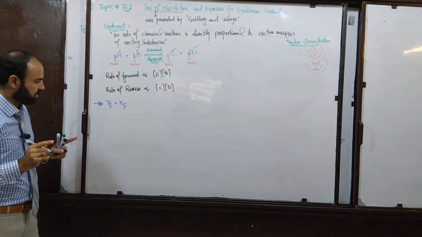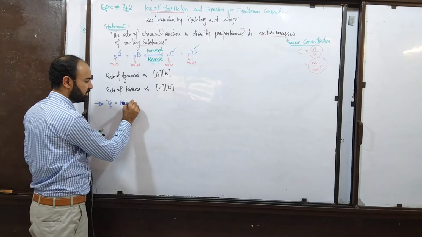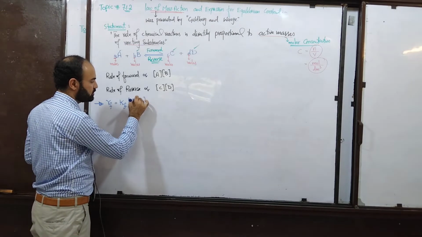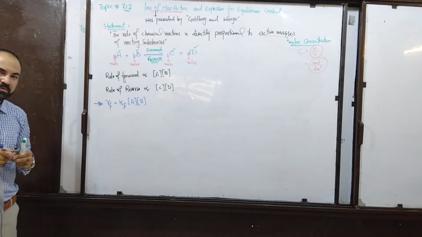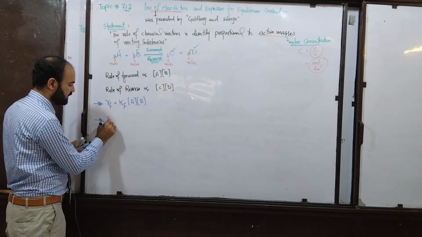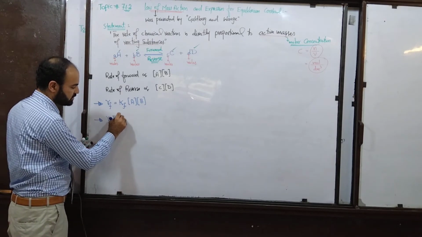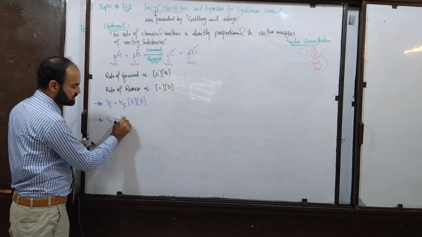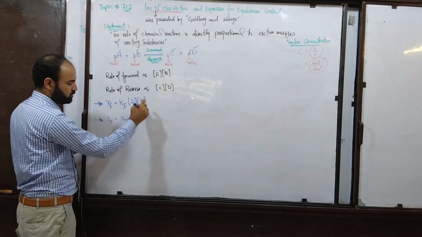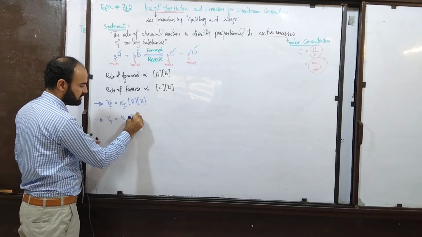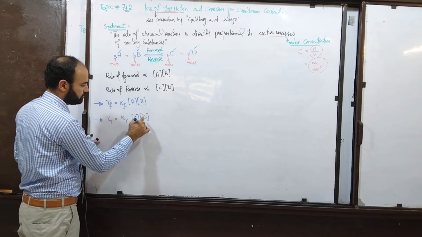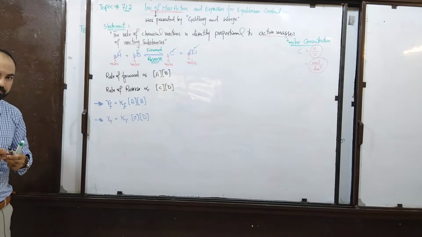A constant for the forward direction reaction, times the concentration of A and the concentration of B. While the rate of reverse reaction is equal to a constant for the reverse direction reaction, times the molar concentration of C and molar concentration of D.